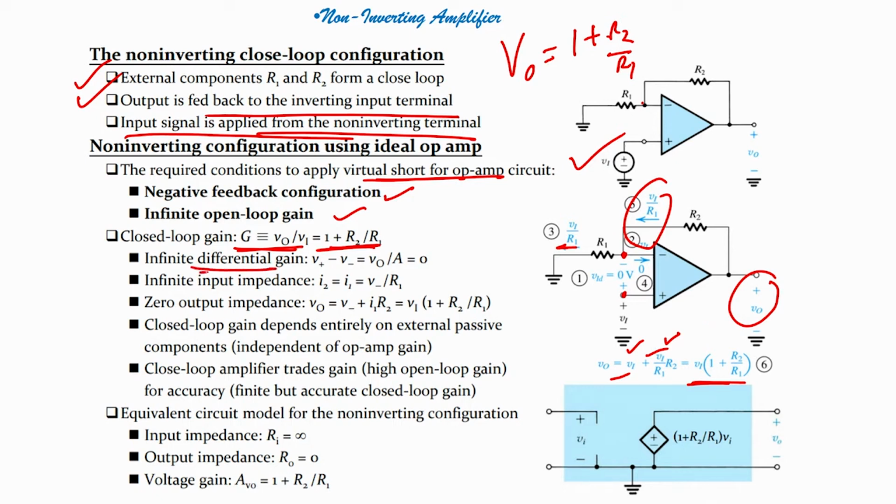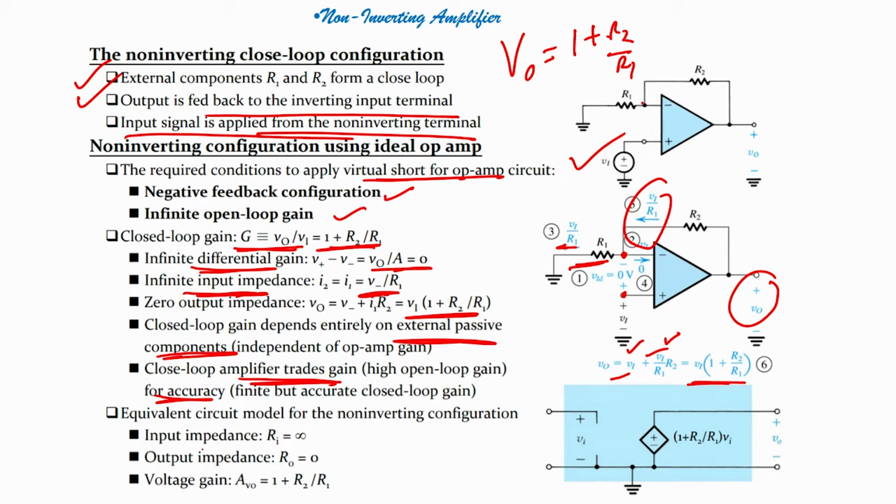Infinite differential gain means the differential input should be 0. Infinite input impedance, given by V1 minus V minus divided by R1, because R1 is the input. Zero output impedance. The closed loop gain depends entirely on external passive components, which we have seen before. The closed loop amplifier trades gain, exactly similar to the concept in the inverting amplifier.